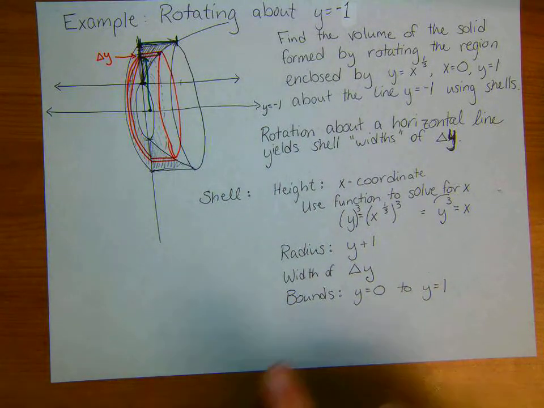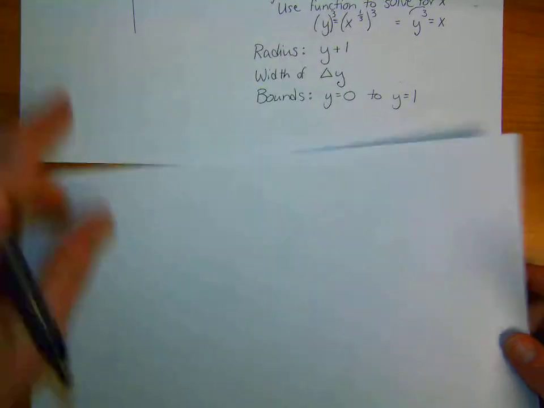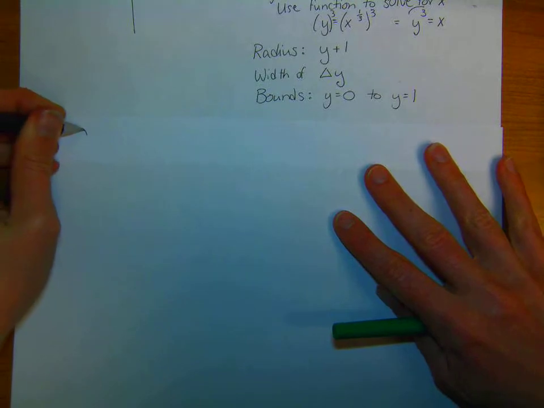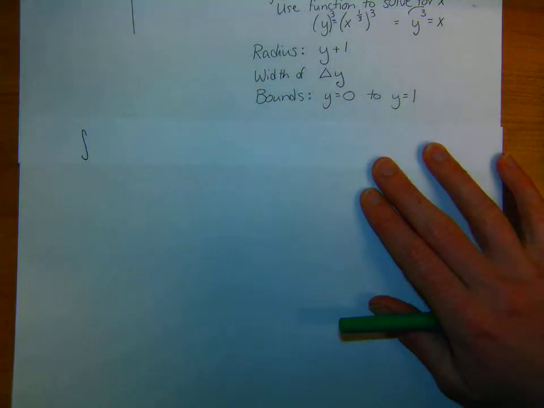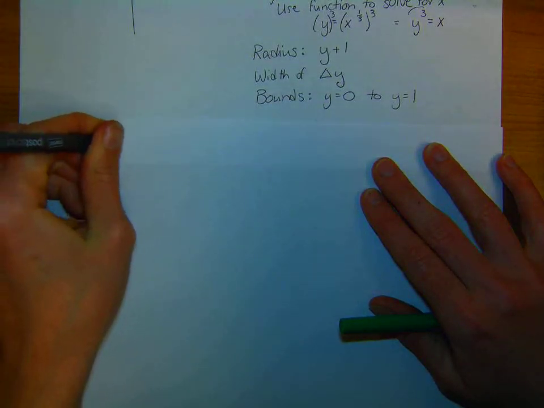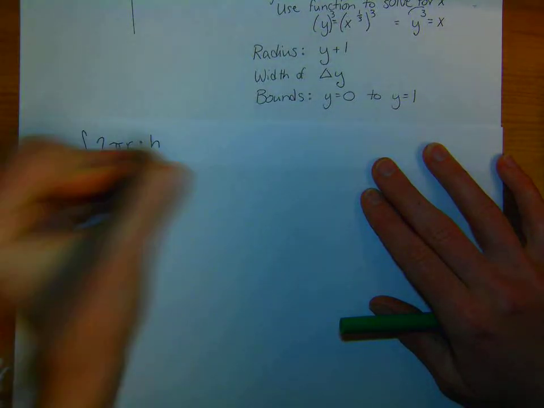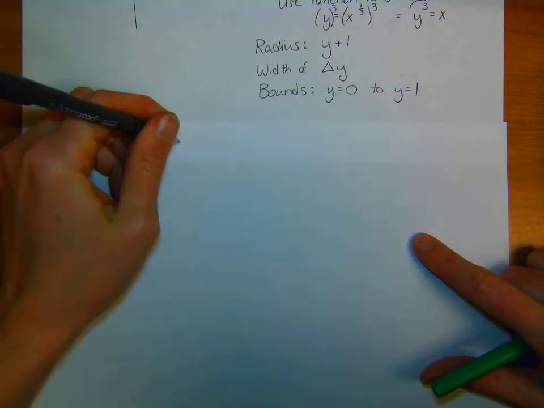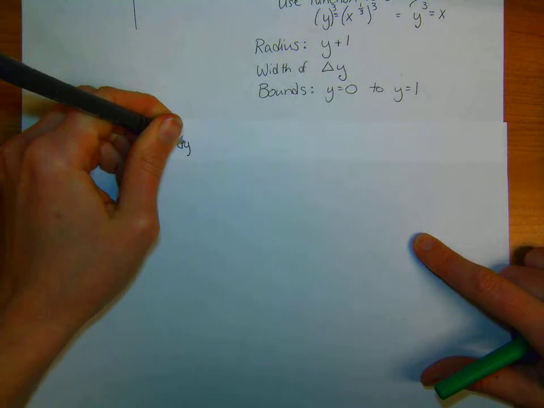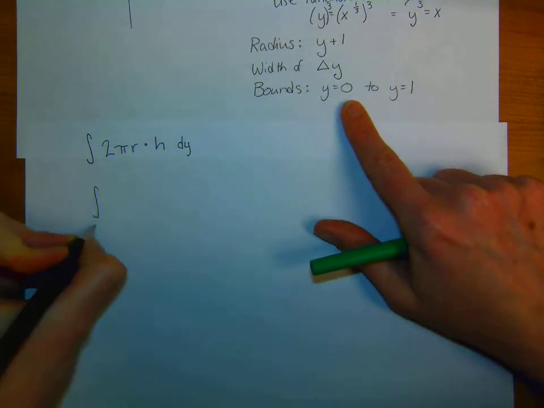With all of that information on this challenging example, we have enough to set up the integral. Recall that for one particular shell, it's going to be the circumference of that shell, which is 2 pi r, times the height of each shell, which is h. My integral is with respect to y, dy, and my y values are going from 0 to 1.